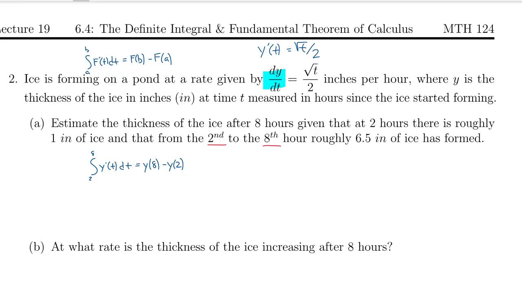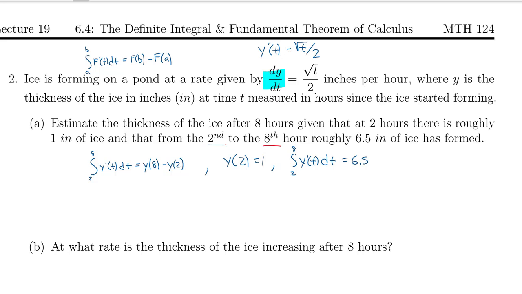Now we know y of 2 is 1 because we're told that at 2 hours the thickness of the ice is 1 inch. And in fact we know that the integral from 2 to 8 of y prime is 6.5 because we're told there was a change in the thickness, an increase in the thickness of the ice of 6.5 inches.